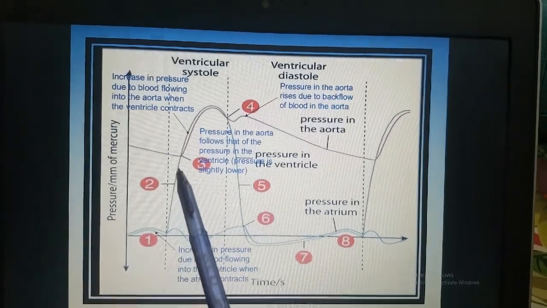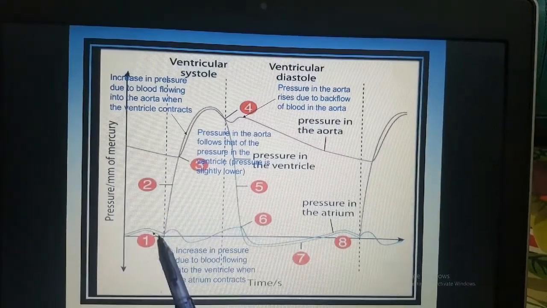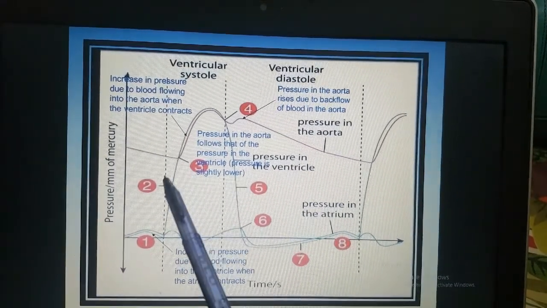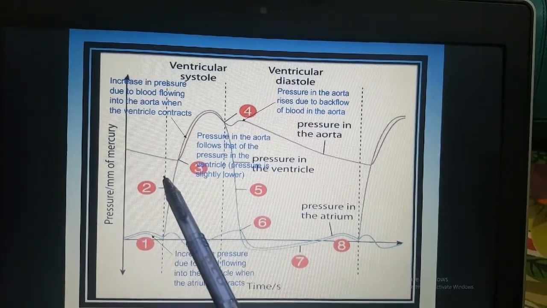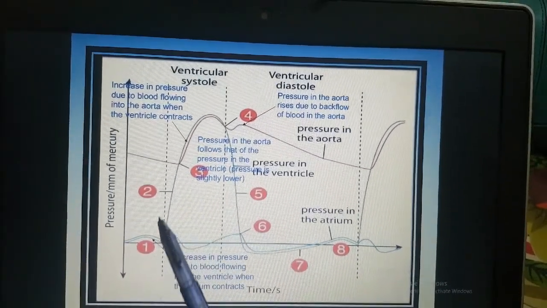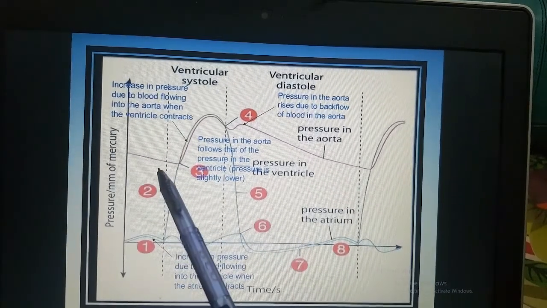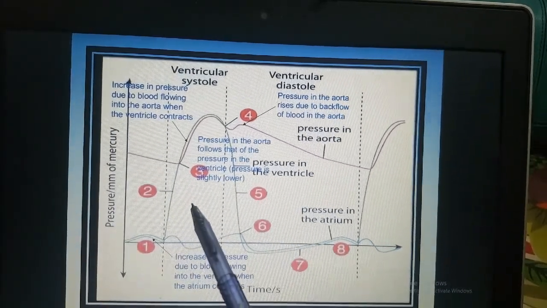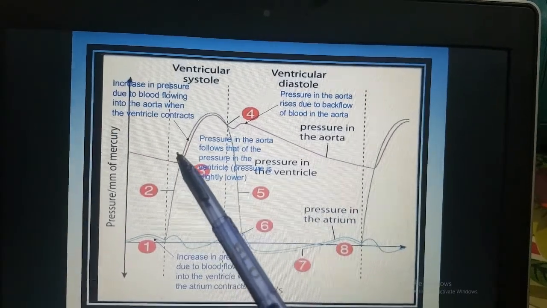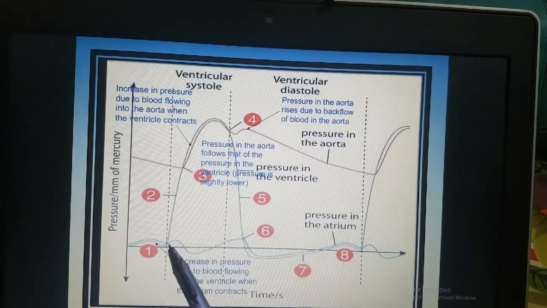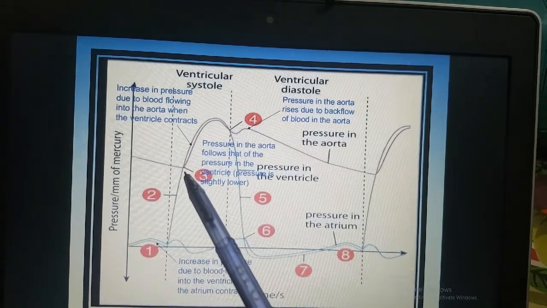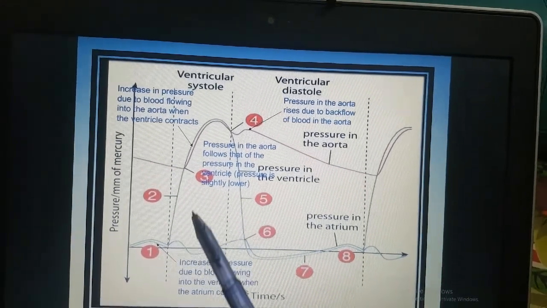Here, isometric or isovolumic contraction occurs. At this stage, when we are saying isovolumic, the volume of blood in the ventricle will not increase. It is constant. All the valves, whether AV valves or semilunar valves, are closed. It's a very short period of time.